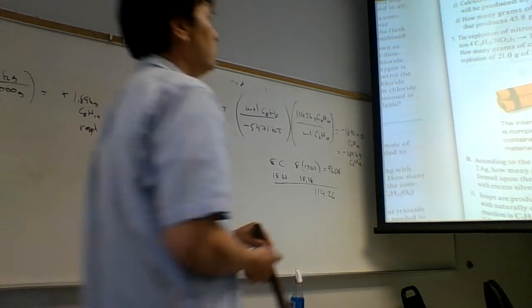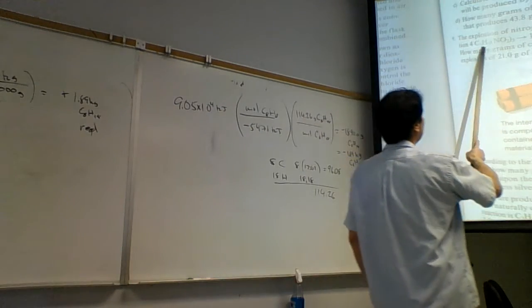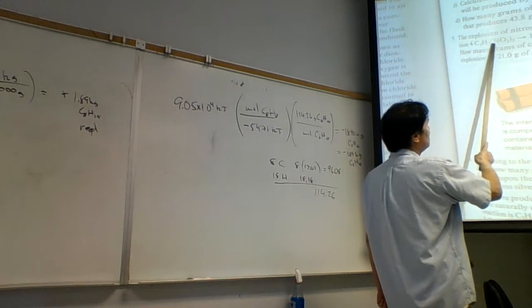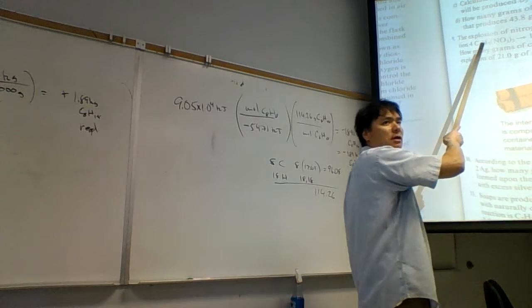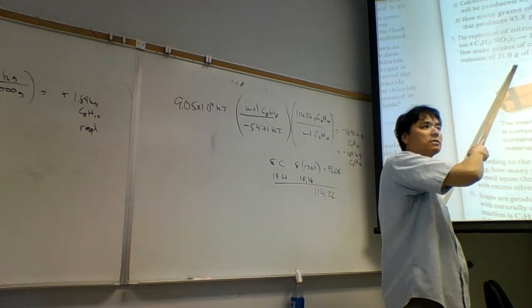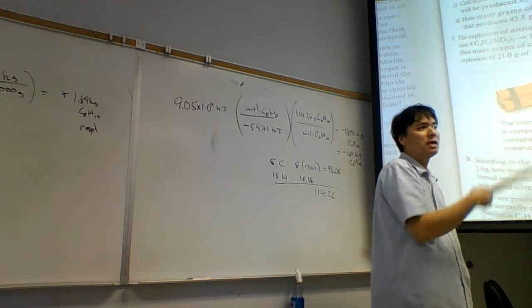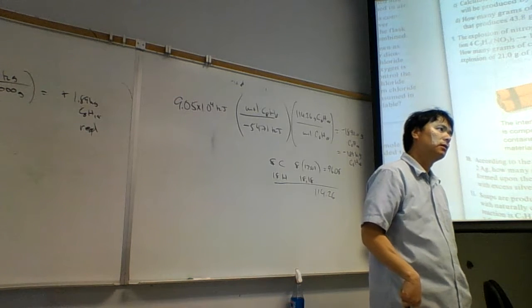The explosion of nitroglycerin is described by the equation. This is the formula for nitroglycerin. This is decomposition. Is this a decomposition redox? Decomposition acid base? What is that? Decomposition metathesis? What is that?